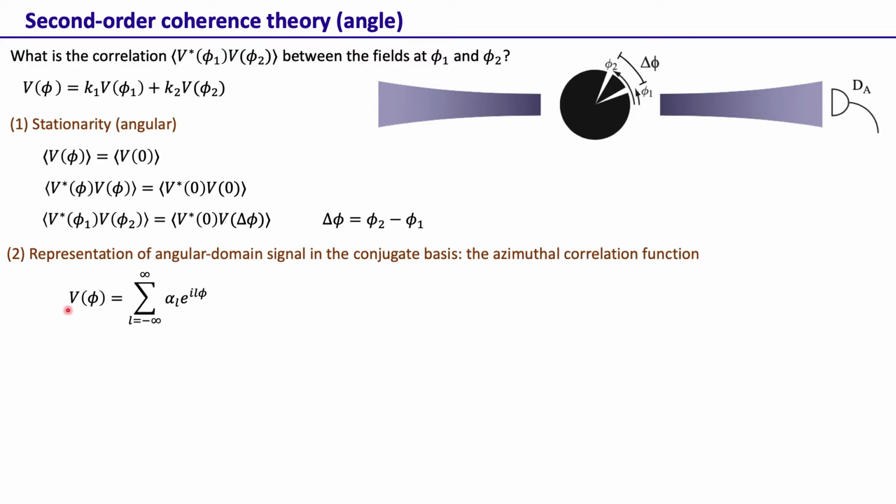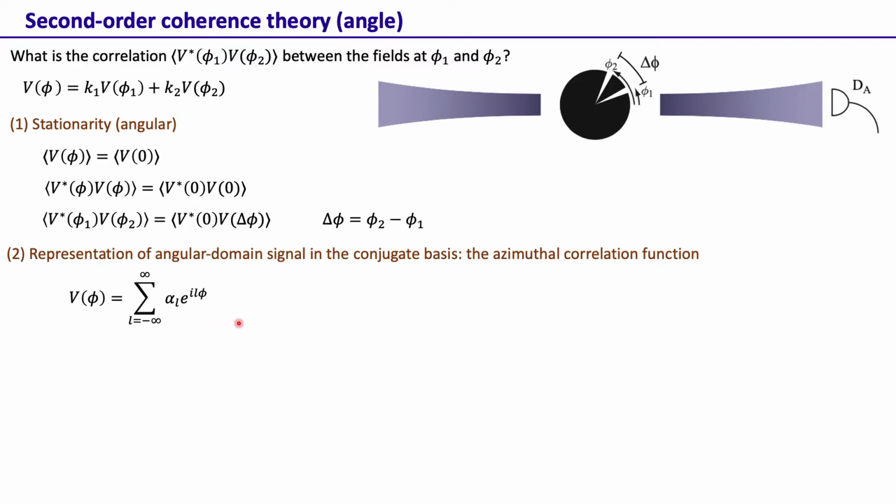This V of phi can be represented through these functions e to the i L phi and their weightage alpha L, and L goes from minus infinity to infinity. Right now I'm just saying this is a mathematical thing, that a periodic function of phi can be represented like this. This is the discrete Fourier transform.